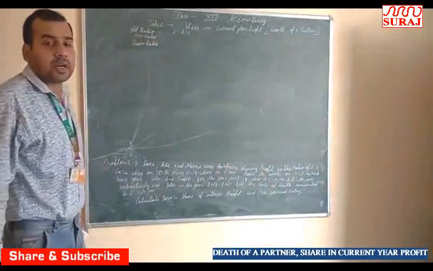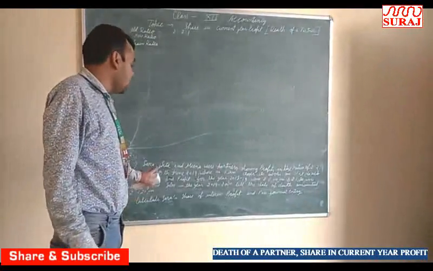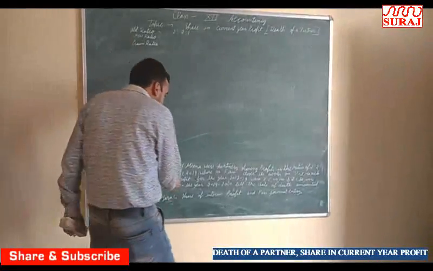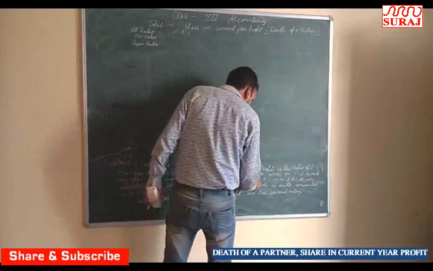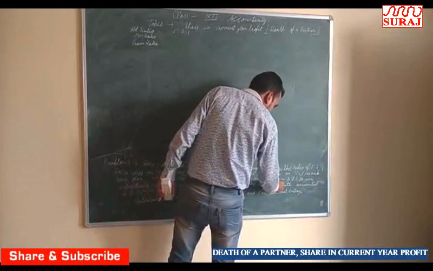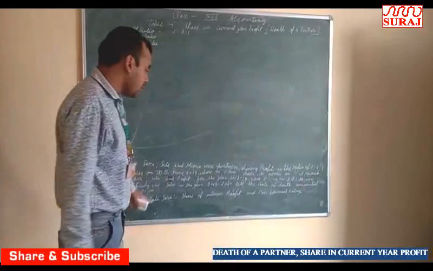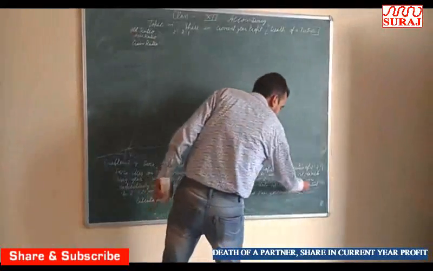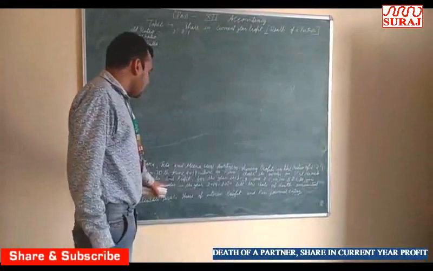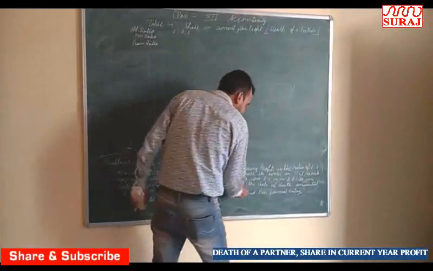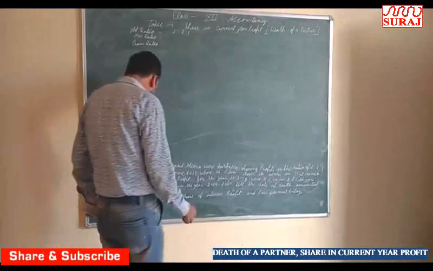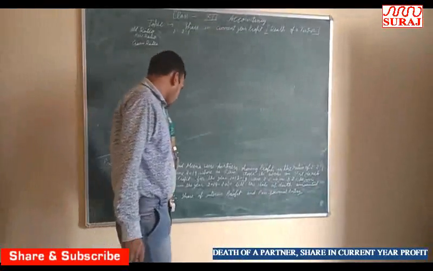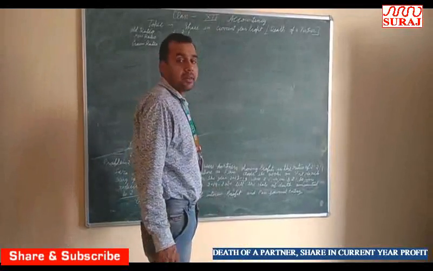It means Sara remains a partner for 3 months: April, May and June. Sale and profit for the year 2018-19 are 6 lakh and 1,80,000. That means last year sale is 6 lakh and last year profit is 1,80,000. And sale for the year 2019-20 till the date of death amounted to 1,20,000. Calculate Sara's share in profit and pass the journal entry.